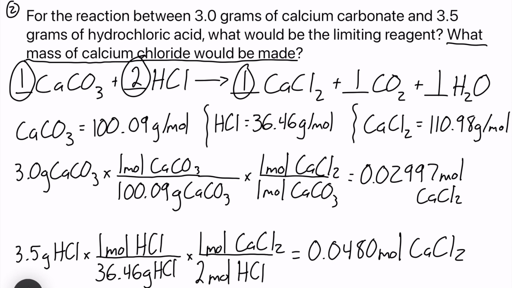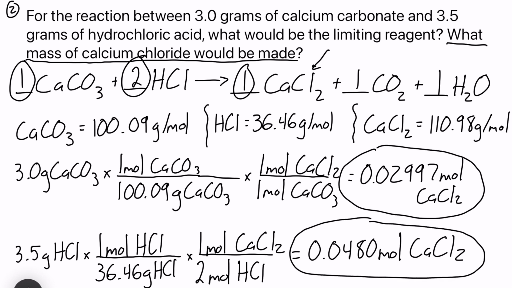So now we have what both reactants can make for our chosen product. We need to then figure out our limiting reagent. Comparing this number as well as this number, it looks like calcium carbonate makes less calcium chloride than hydrochloric acid. Therefore, that is our limiting reagent.